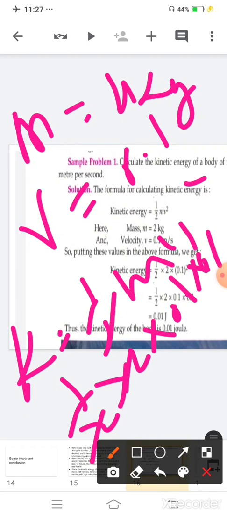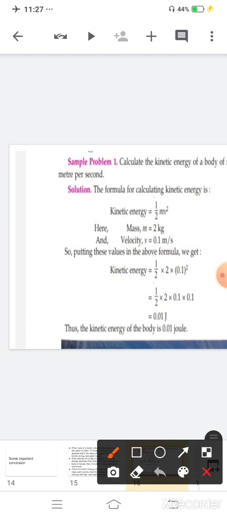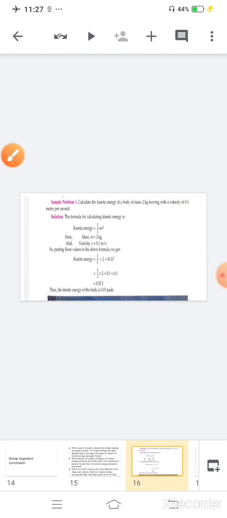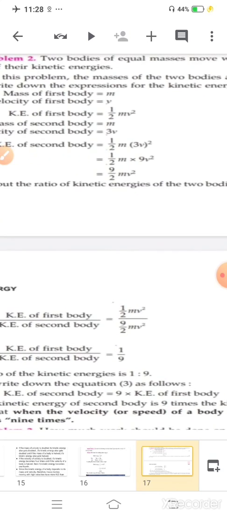The 2 and 2 will cancel. What you will get? You will get 0.01 joule. So in this case, the kinetic energy of the body is 0.01 joule. Is this clear? Now, second question.